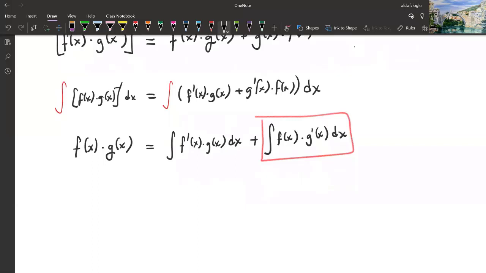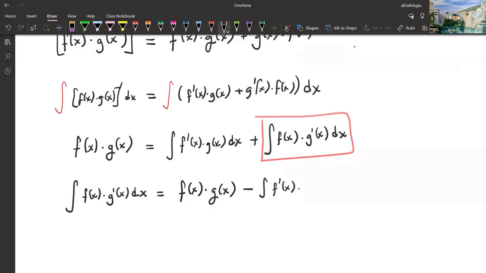So I will write integral of f of x times g prime of x dx is equal to f of x times g of x. We are subtracting this from both sides, minus integral of f prime of x times g of x dx. So we will get this.